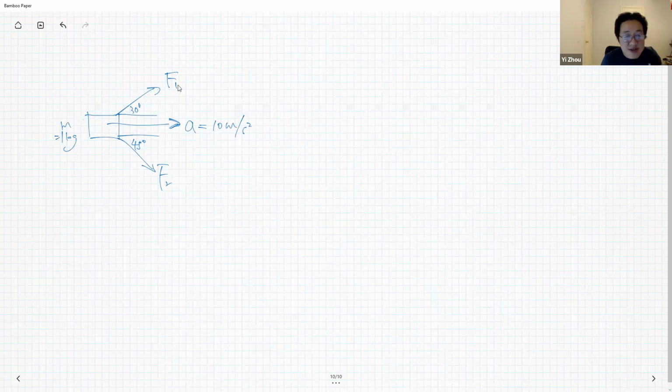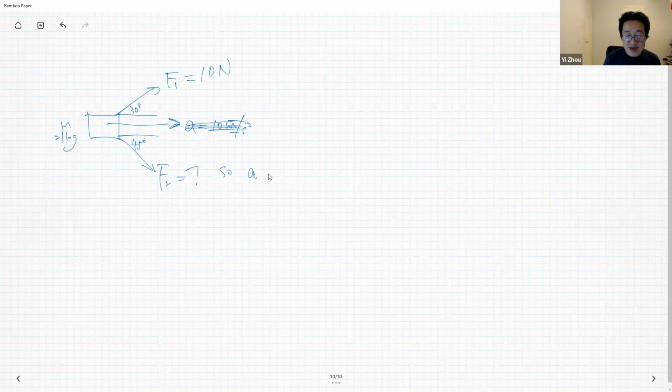If this force is... I'm making up this problem, but I need to make sure the numbers are right. Let's get rid of this acceleration first. So if this has 10 Newton, we want to find what is F2.